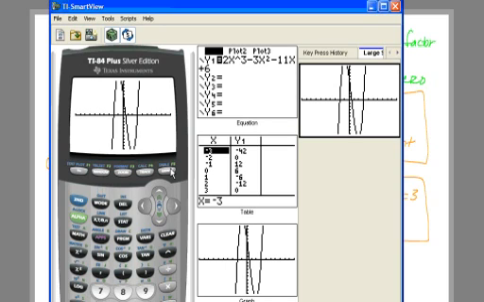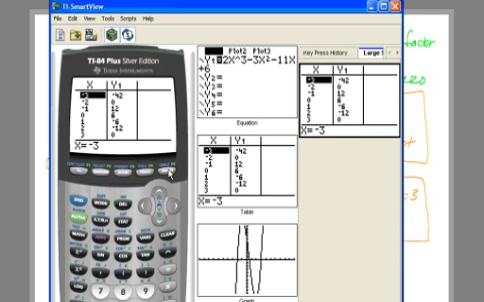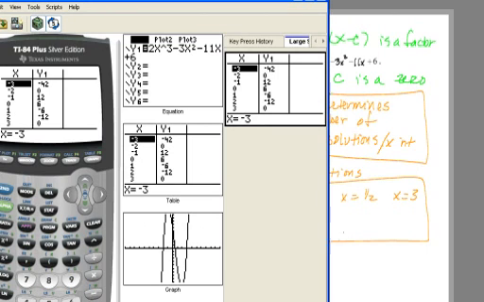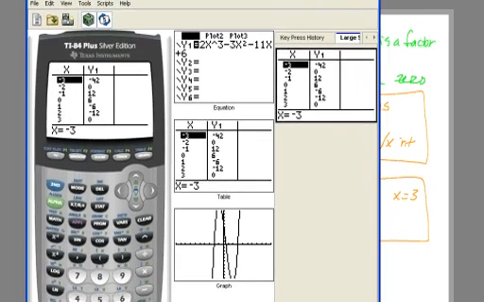Now what I wanted to show you was if we go to the table feature, we should see all of those solutions that we have listed on the right hand side, the 1/2, the 3, and the other one, which was a -2, here on our display. Notice at -2 I get a 0.